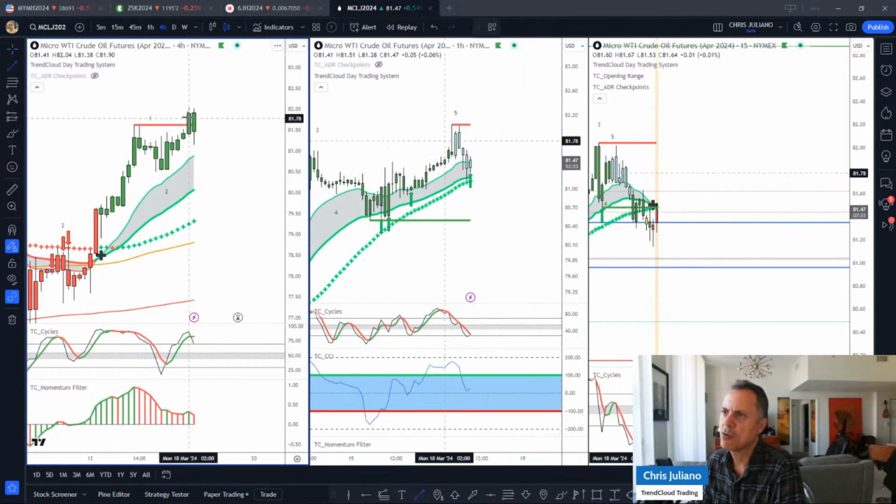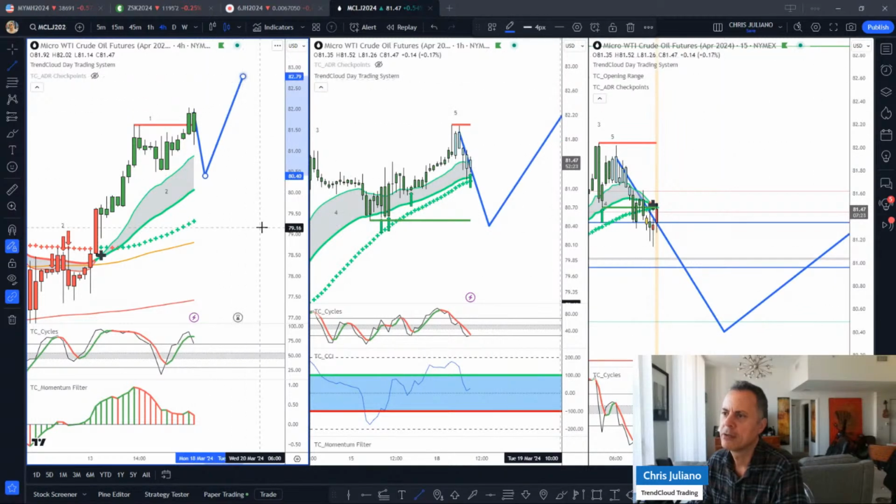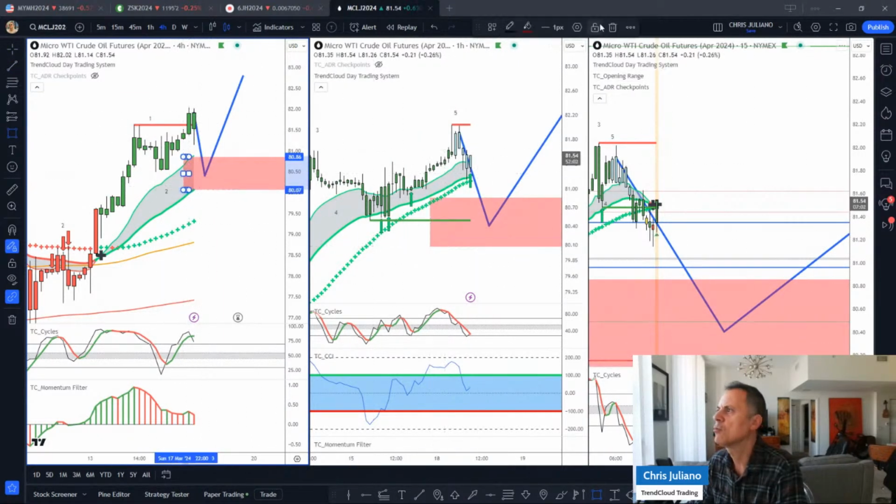We're starting that corrective move of this, right? Pulling back into Trend Cloud to make a move up. So the cycle indicator is starting to hook down and momentum is down, right? It's telling us that we're getting ready to make this move back into that high time frame Trend Cloud. And if we do like that, we can see it will draw it out for us across multiple time frames.